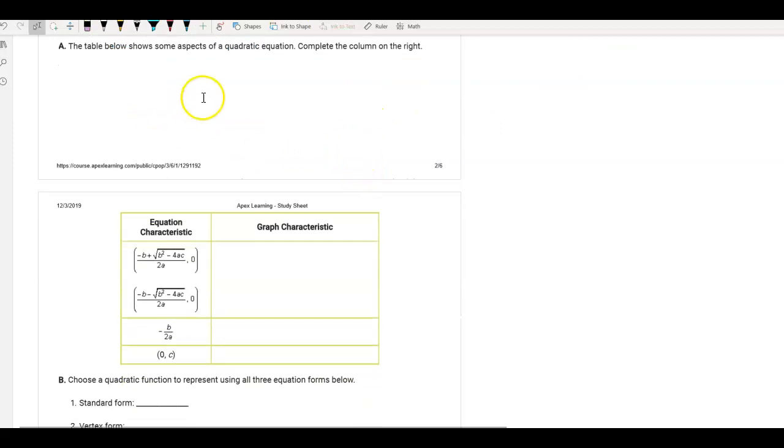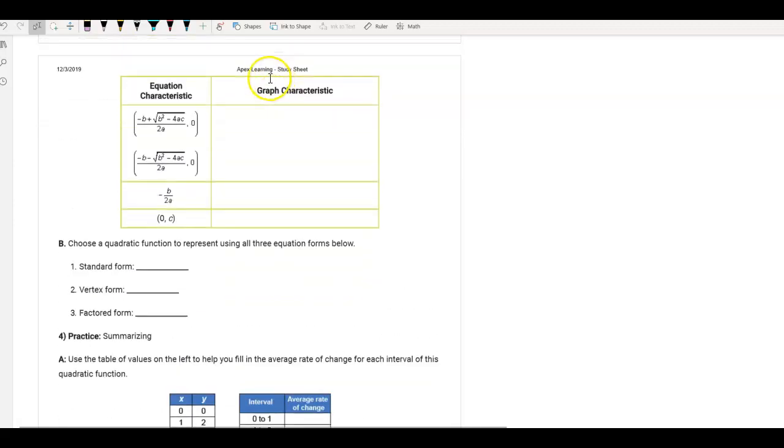Okay, so the following table below shows some aspects of a quadratic equation. Complete the column on the right. So when you look here, right, what you have to understand is this is the quadratic formula. And they're basically telling you that you're finding the value of x that makes the equation equal to 0.